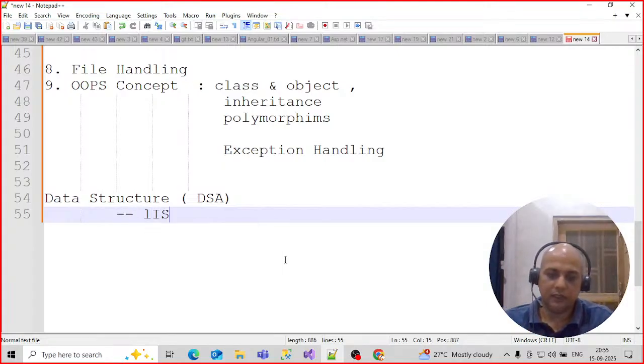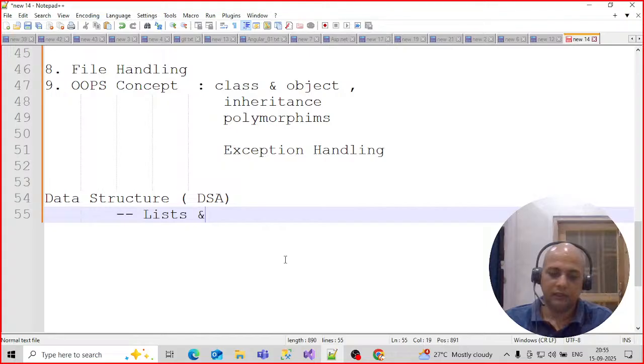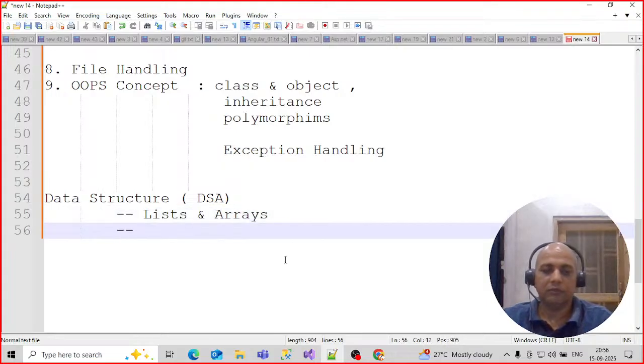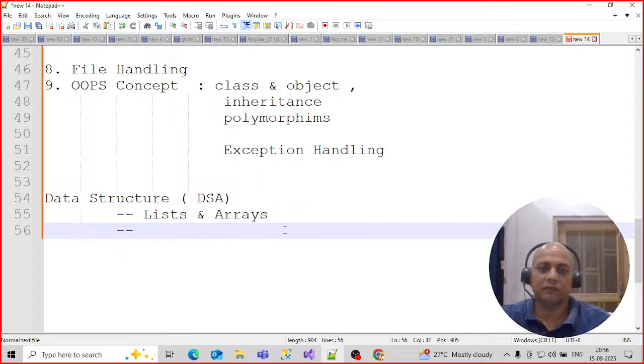We have list and arrays, right? List and array is just a concept, but the problems will be based on it. You will be solving problems around arrays and lists, but you should know the basic and detailed concept of it. Then one can solve the problems. And you will study about stack, right?